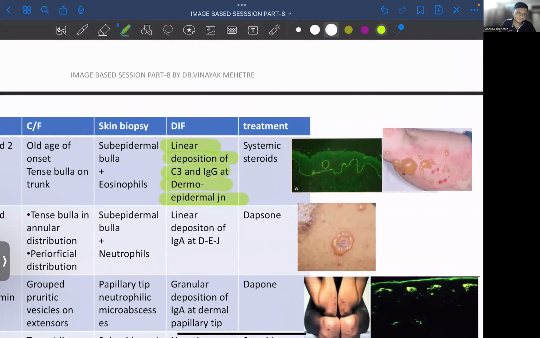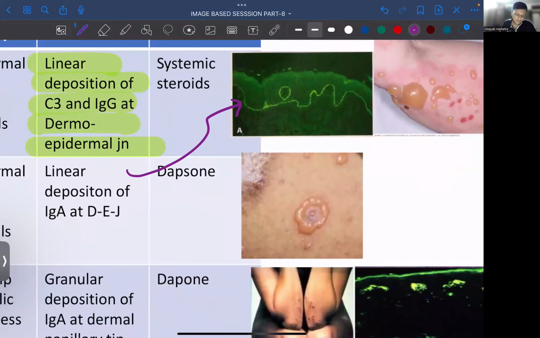Then comes linear IgA disease. Linear का मतलब होता है line में, right? So remember this image, okay? Linear deposition of IgA, not IgG, with a ring-like structure.